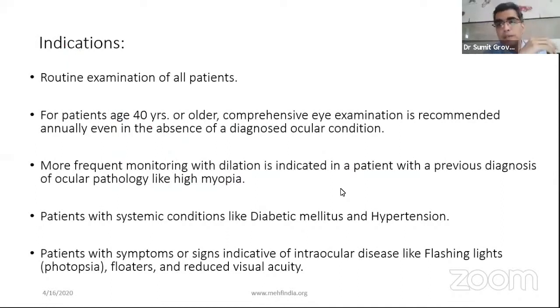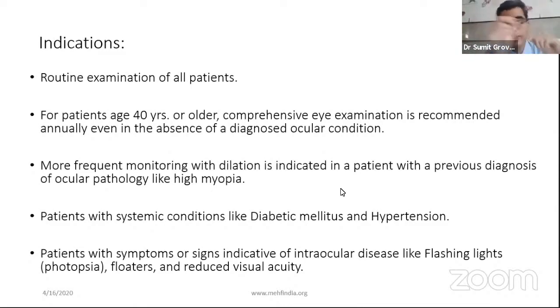And why high myopia? Because we all know in high myopes there can be some treatable lesions like lattices, holes, or maybe some breaks which are silent. By dilating, we can see the periphery of the retina and timely intervene and do the laser barrage, etc. Then patients with systemic conditions like diabetes mellitus and hypertension, we should always dilate them.